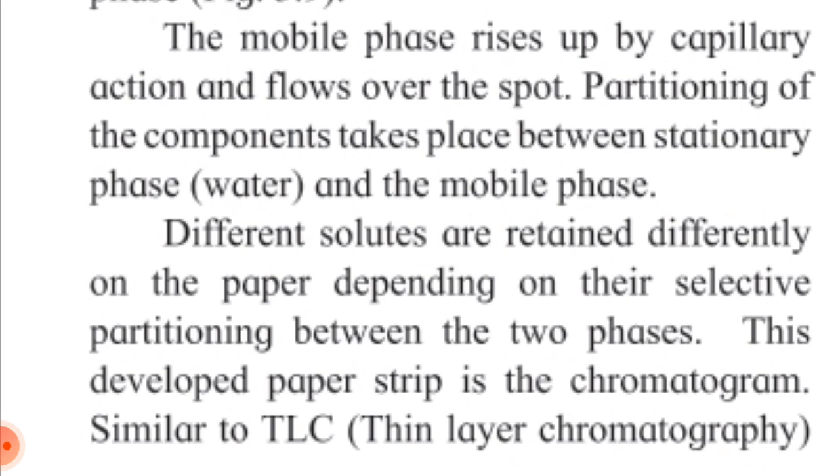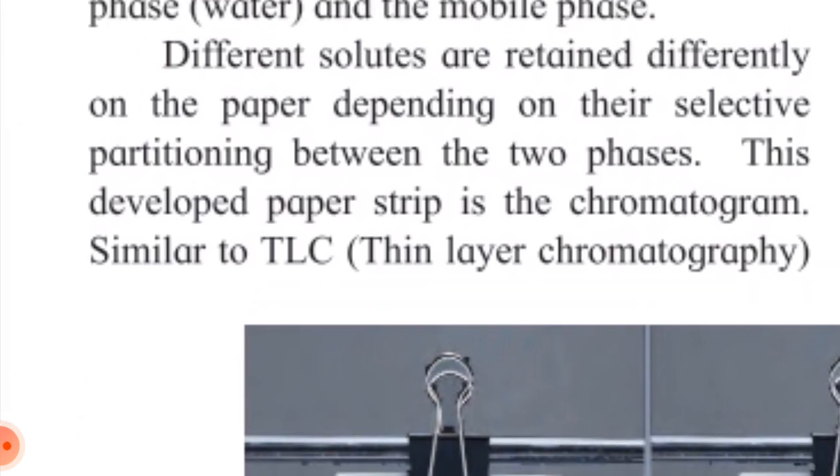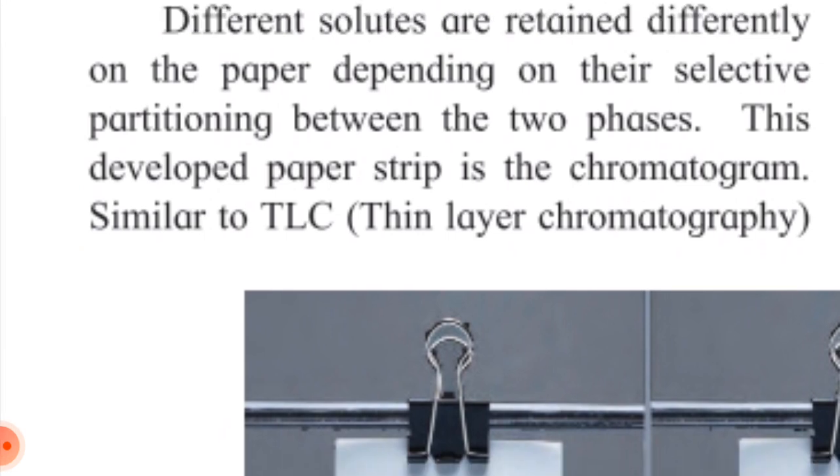The mobile phase rises up by capillary action and flows over the spot. Partitioning of the components takes place between the stationary phase, water, and the mobile phase. Different solutes are retained differently on the paper depending on their selective partitioning between the two phases.